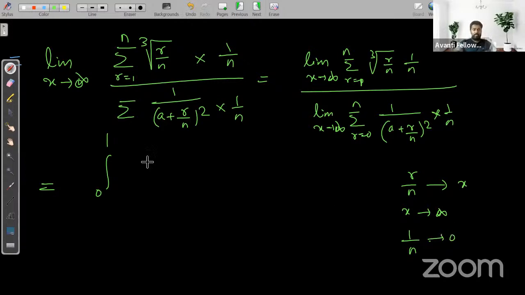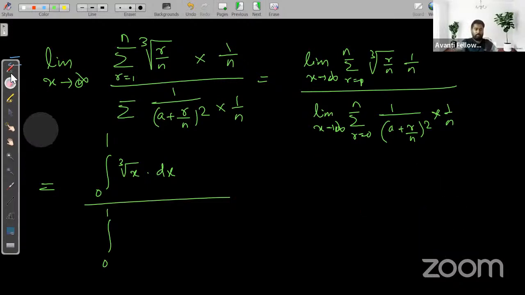So it is the same as limit 0 to 1. Instead of r by n, we'll take x, that is cube root of x into 1 by n is my dx. We'll substitute the shortcut, integration from 0 to 1. How can we evaluate the limit?